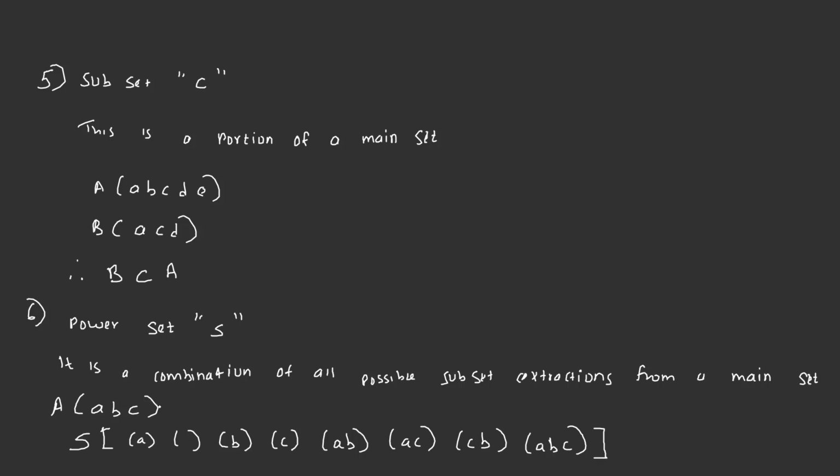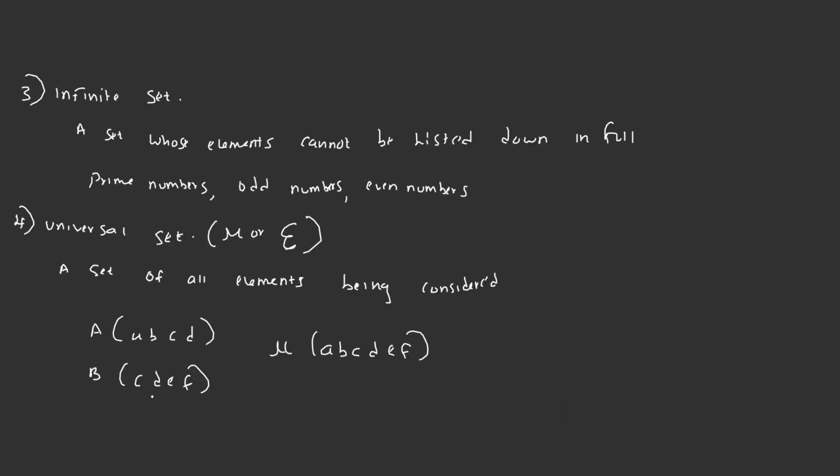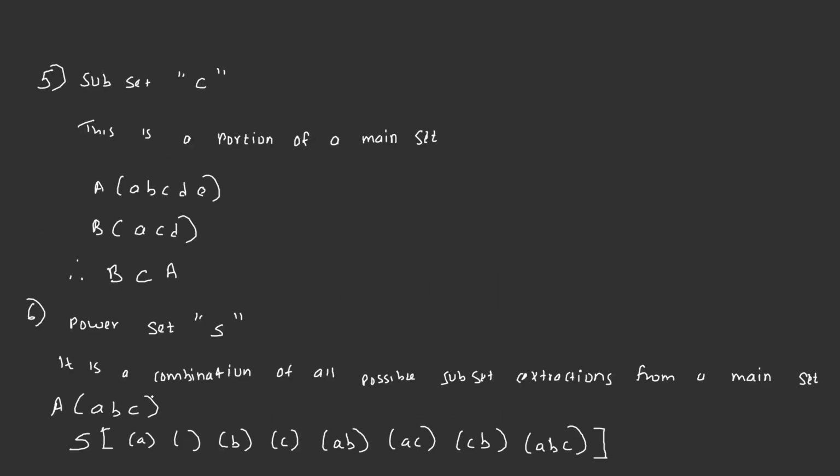Next we have an overlapping set, number 7. An overlapping set is a set of all elements that are common to two main sets.